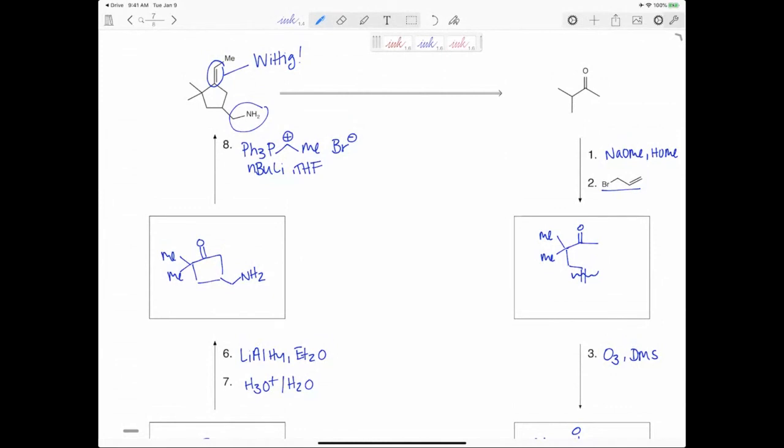So let's see. We're adding 1, 2, 1, 2. So okay, let's see. We have no carbons here, but we have 1 carbon here, 1 carbon here. So this is going to be 1 here, 1. Oh yeah. No, no, no. Sorry, sorry. It's right. It's right.